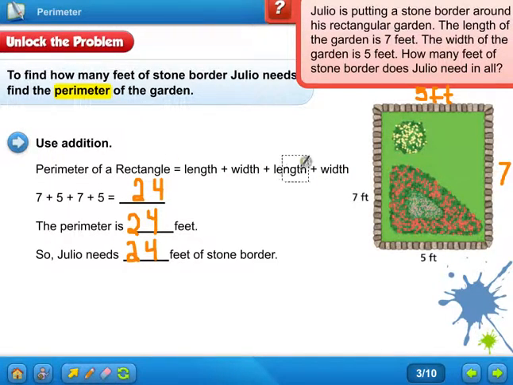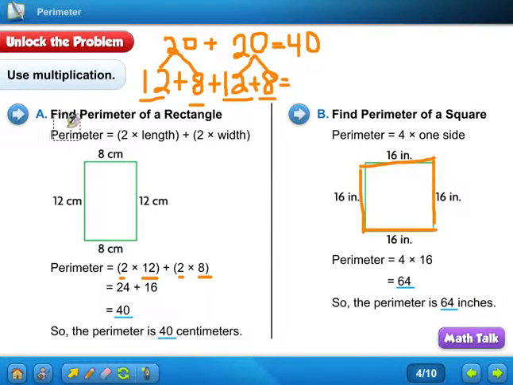We also know the formula for a perimeter using multiplication is perimeter equals 2 times length plus 2 times width. That would be for a rectangle, and that's the multiplication formula.